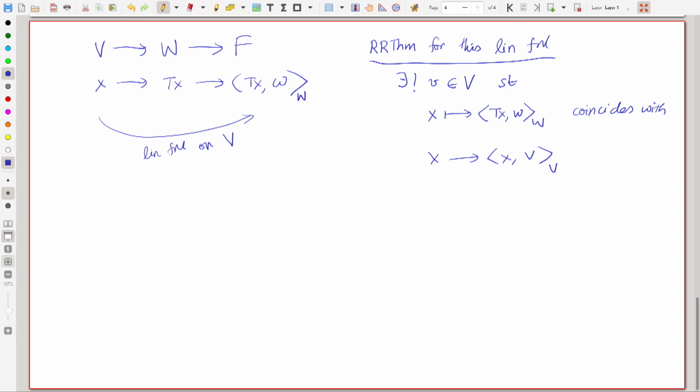This is what the Riesz representation theorem says. If you somehow manufacture some crazy linear functional, there will be a vector v in your vector space such that that linear functional equals taking the inner product with v. So these two linear functionals are equal.